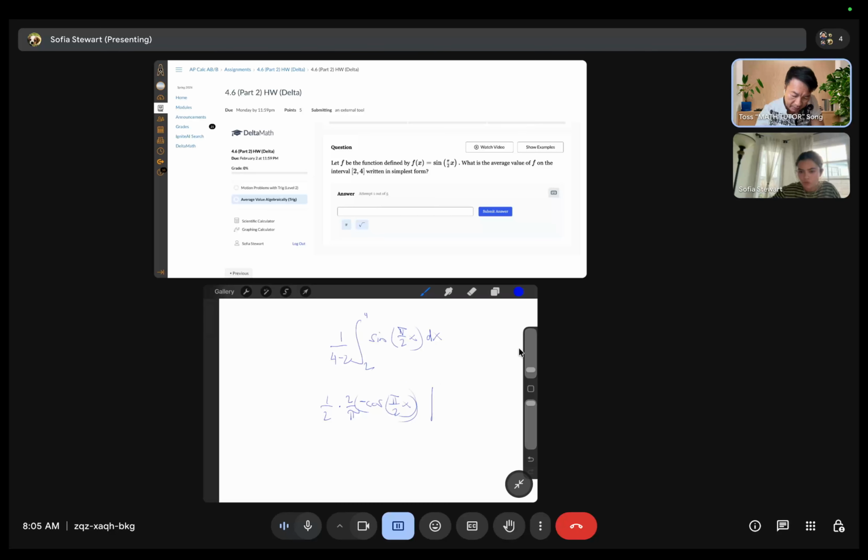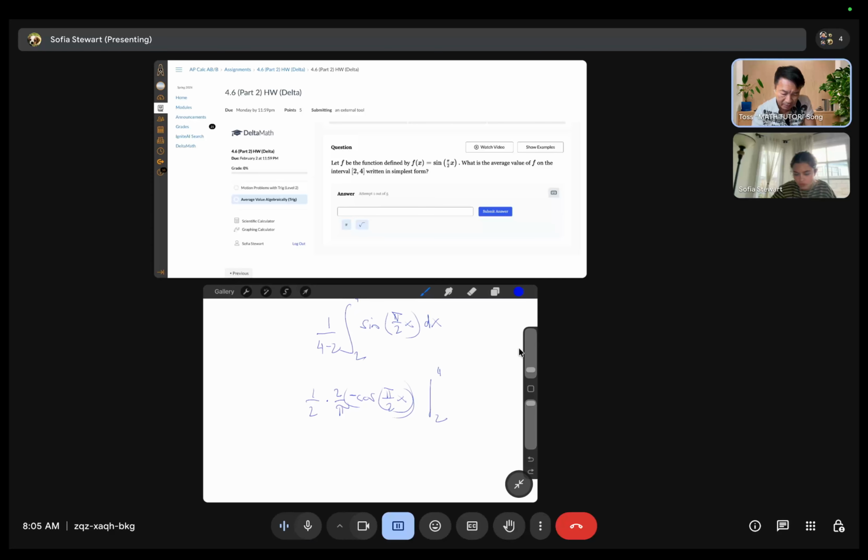But then you're going to evaluate between 4 and 2. Now, I know you've been carrying this inside the bracket in the parentheses. I don't think you should. You're making your work a little bit more complicated. And even this negative can be pulled out together. Have a look. So it should be a negative 1 over pi cosine. And then the only evaluation you should be doing is right here, in the bracket.